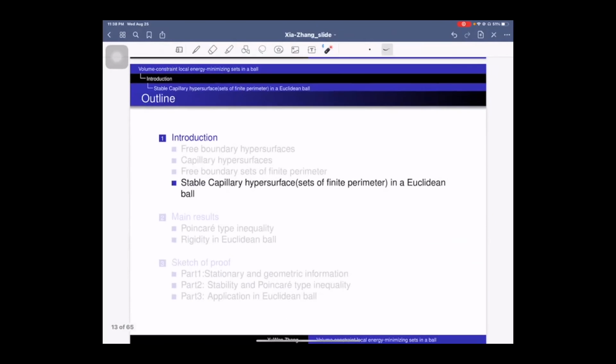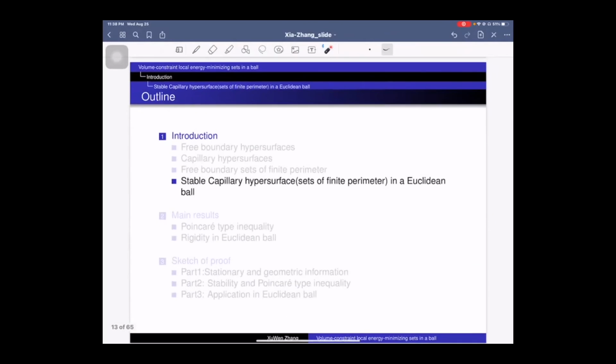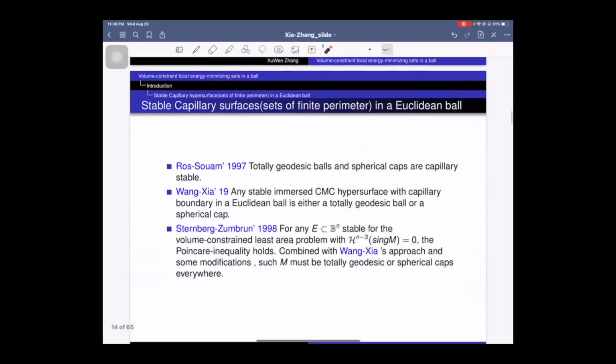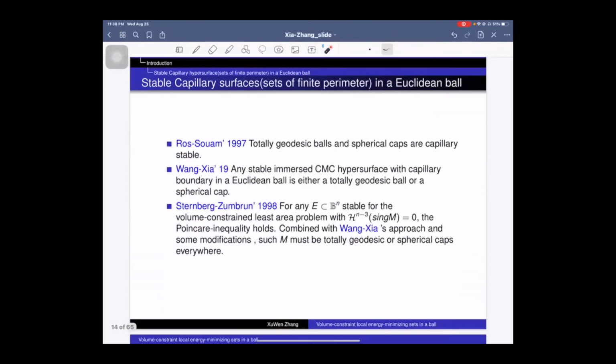Now we consider that omega is taken to be a Euclidean ball, which is a special case. There are a few results about this.